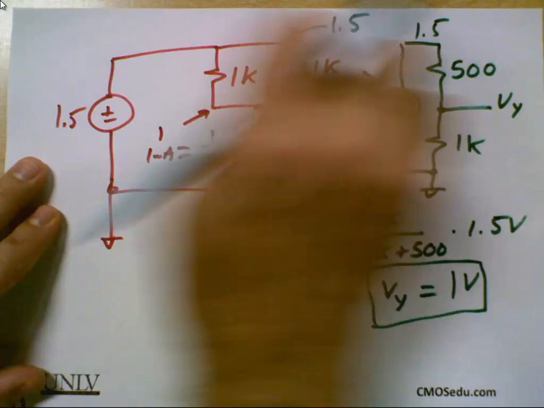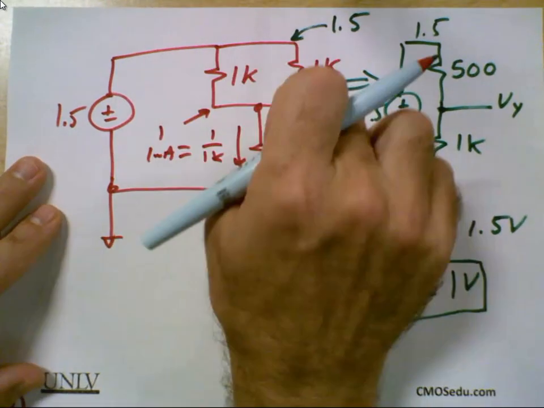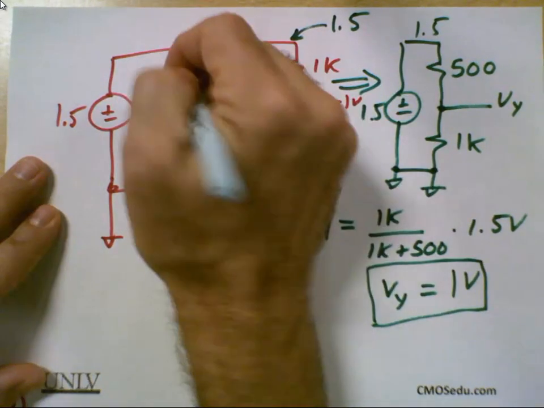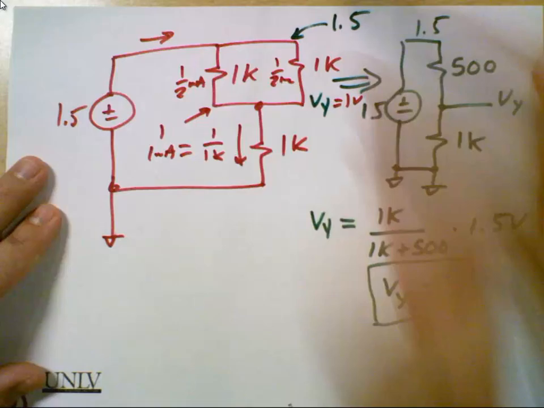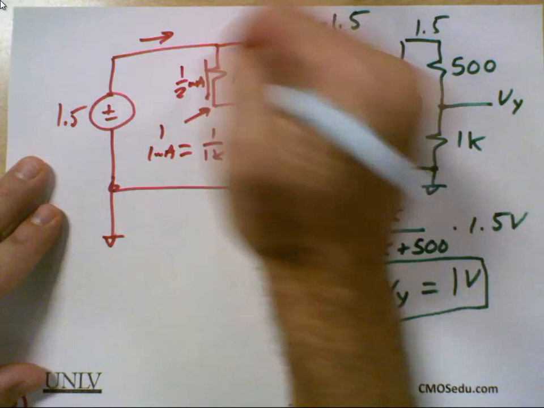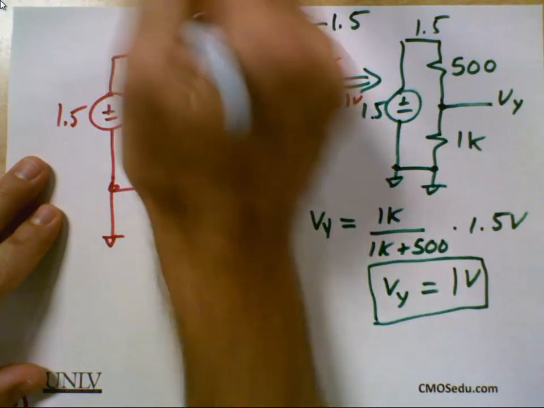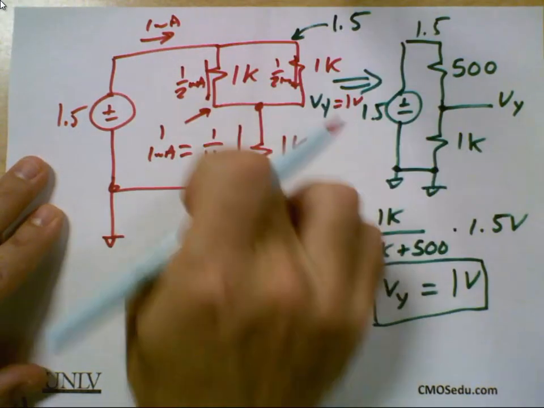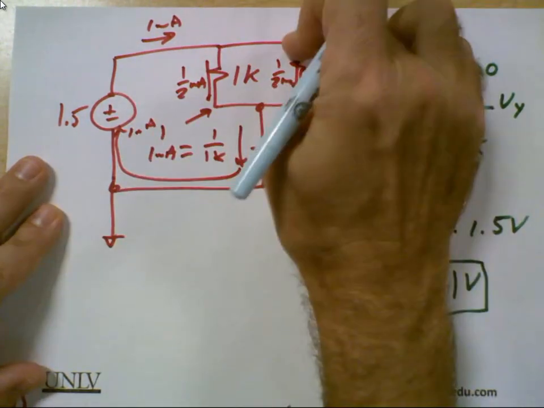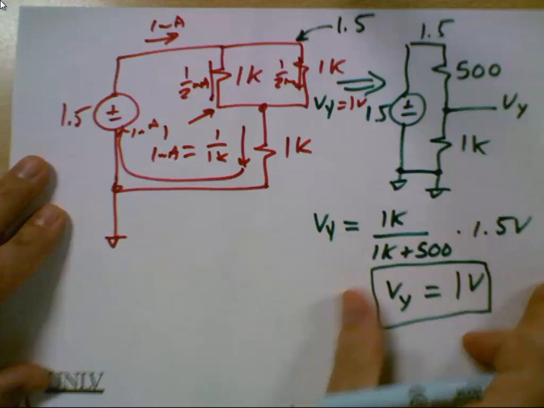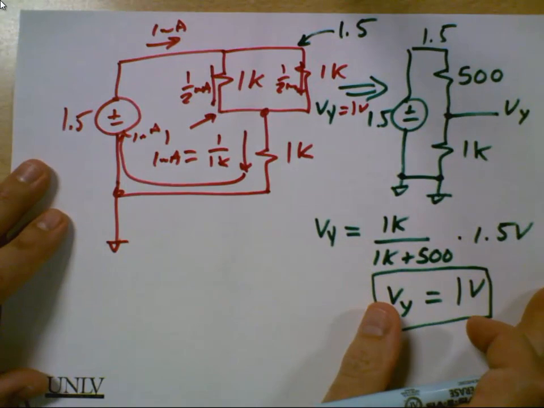So what's the current through each one without doing any math? Half a milliamp. So am I done? What's the current flowing there then? 1 splits half, half, goes back to 1, comes back around, 1 milliamp. 1.5, 1 volt. Let's sim it and quit. Any questions?